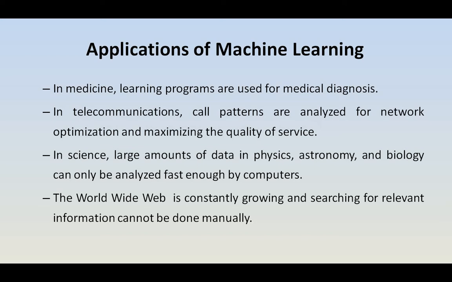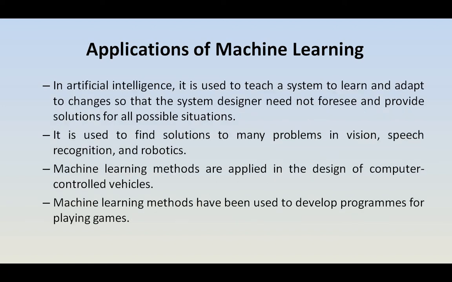Now coming to the World Wide Web, which is an exponentially developing field. It is constantly growing, and here we are searching for very vast information. This large information cannot be handled manually, so we can take the help of machine learning. Next, coming to artificial intelligence, the superset of machine learning. Here also we can use it for how the system learns from the machine.